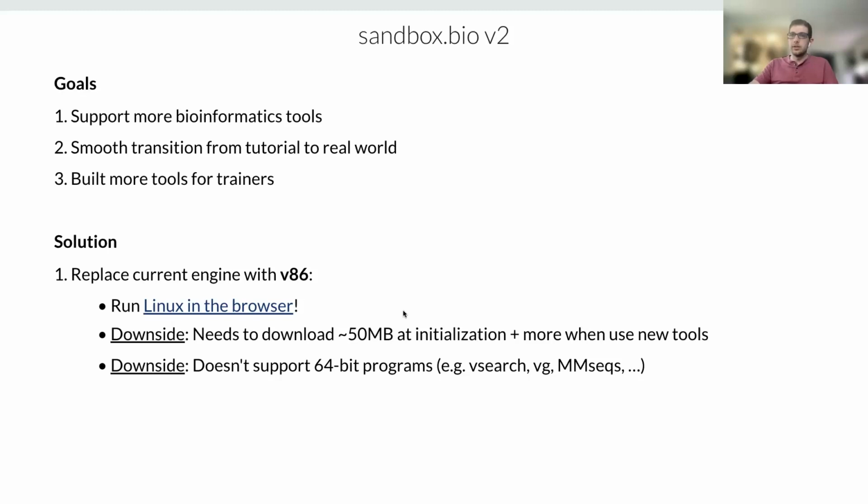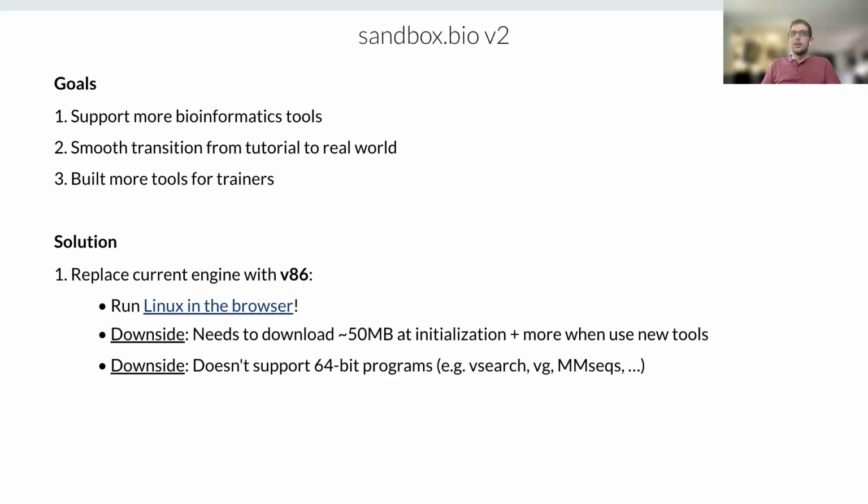The other downside is that this v86 project does not support tools that need to run on 64-bit operating systems. It has to be able to compile it to a 32-bit CPU, essentially. So tools like vsearch and vg and mmseqs would not be supported in v2. To be clear, they're also not supported in v1 either.